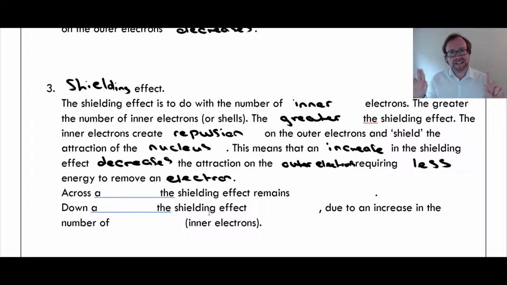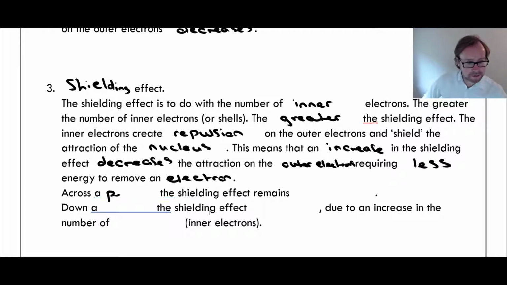It also means, and this is very simplified, that the inner electrons can shield some of the nuclear attraction, so the positive attraction from the nucleus on the outer electrons. So again, it is easier to remove an outer electron. Things which students get confused about is that if we increase the shielding effect, we will decrease the attraction on the outer electrons. Okay, so we'll carry on.